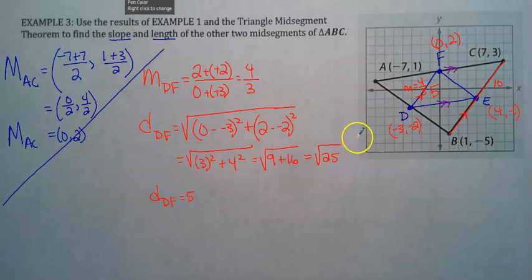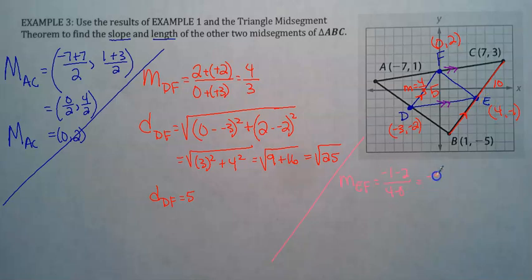All right, now we get to do the same thing for EF. So the slope of EF. Slope is your change in y values. So negative 1 minus 2 over 4 minus 0.